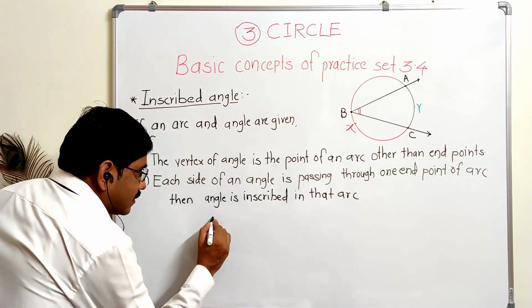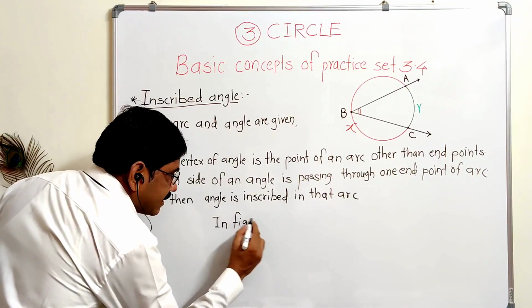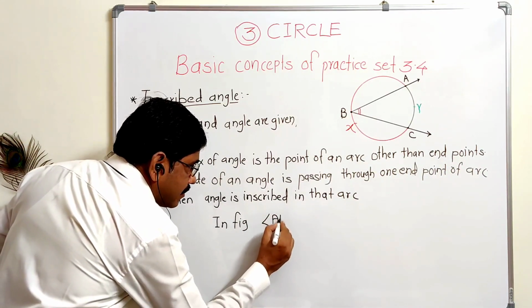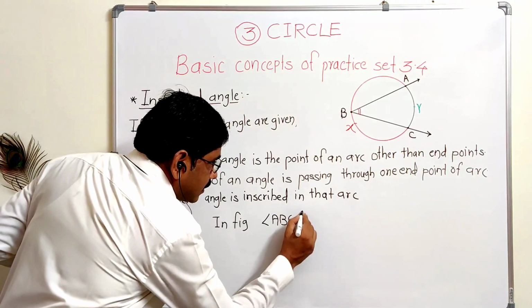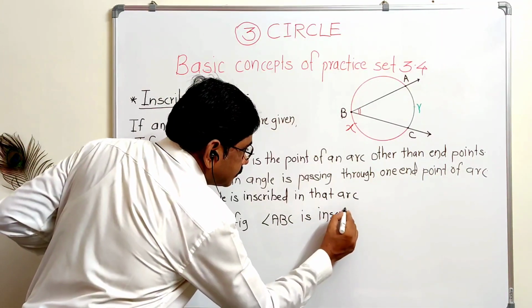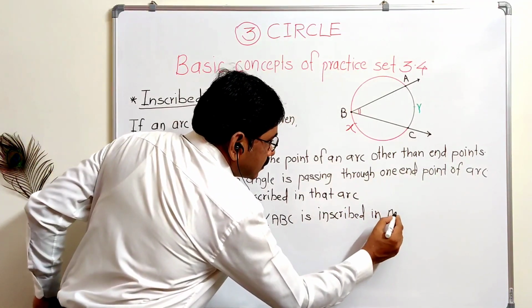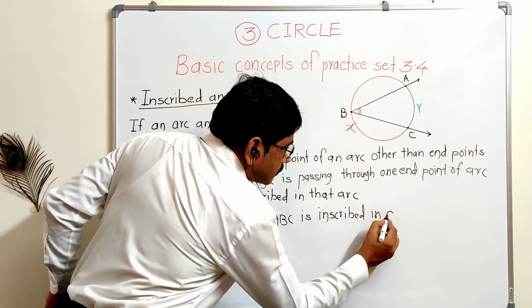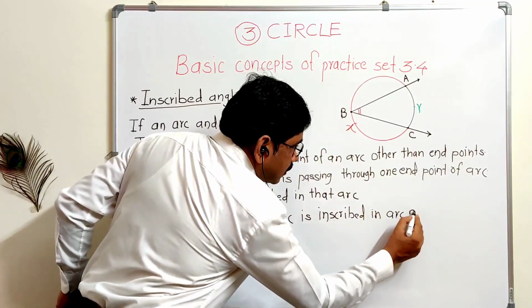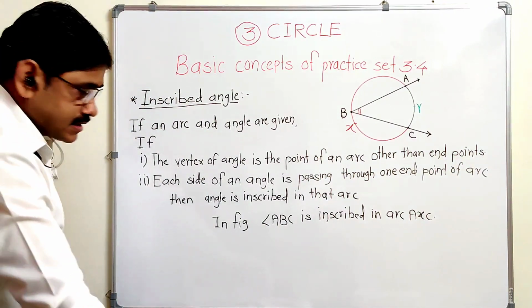So in this figure, angle ABC is inscribed in arc AXC. So this is the concept of inscribed angle.